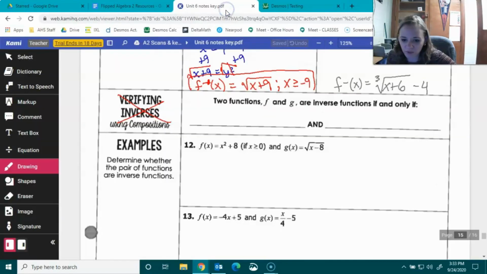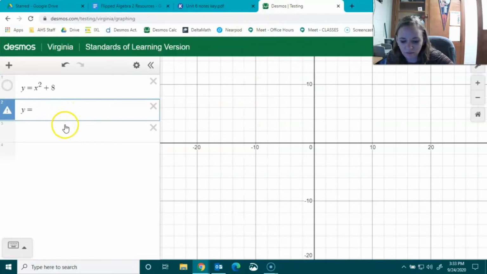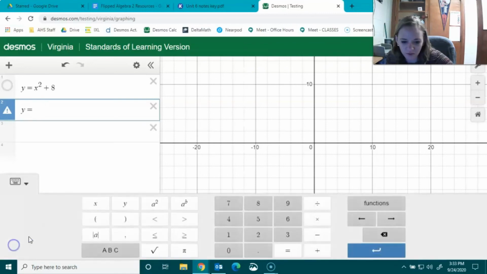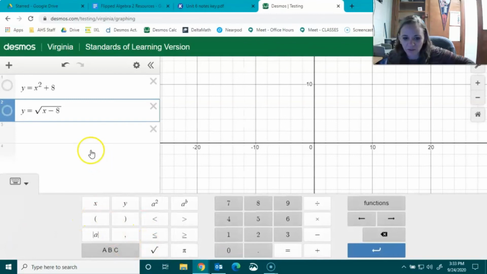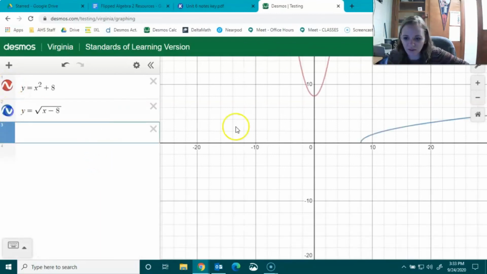The next one is x squared plus 8 and radical of x minus 8, resulting in this.